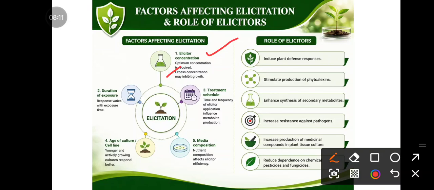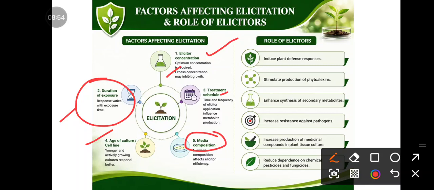Then the schedule: time and frequency are also important, all should be optimum. If we are using a pathogen derived elicitor, then the nutrient composition of the media where the pathogen is grown also affects the elicitation. Next, the age and cell culture line also affect that, and the duration of exposure is very important. How long we expose the elicitor affects the level of elicitation.